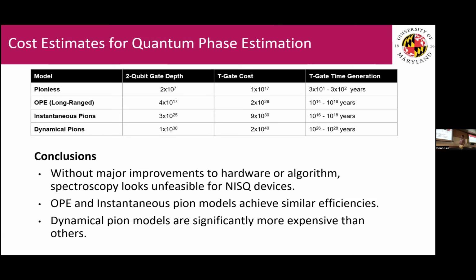Yeah, that's a really good question. If you're looking to do spectroscopy on something like that, the state of the art for the Fermi-Hubbard model, which actually uses a lot of properties of the Fermi-Hubbard model itself, if you want to do quantum phase estimation, stands at about a 2 qubit gate depth of, I want to say, about 5,000. Okay, that's what I was going to guess.